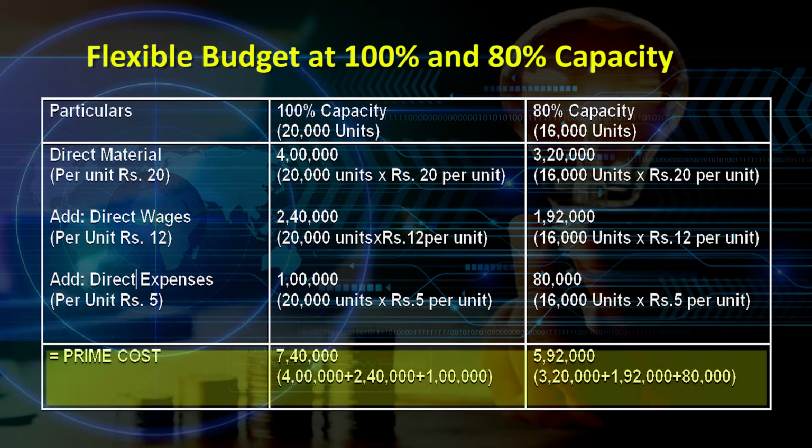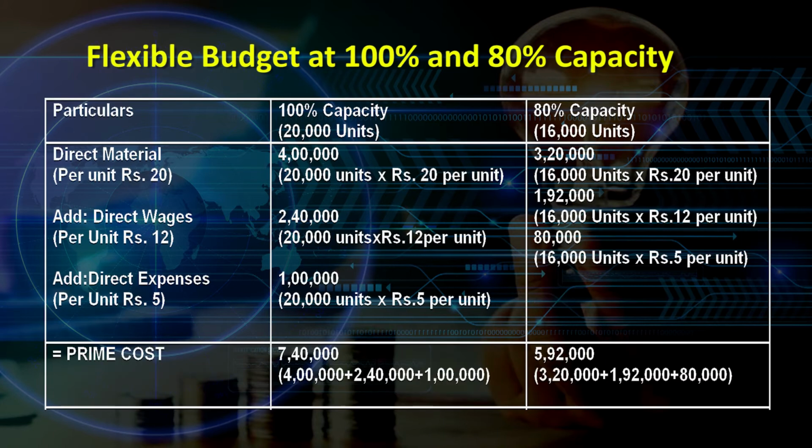Let us now total up these direct costs to get the prime cost. For 20,000 units, the prime cost is 7,40,000 rupees, whereas for 16,000 units, it calculates to rupees 5,92,000 after adding the three costs already calculated.